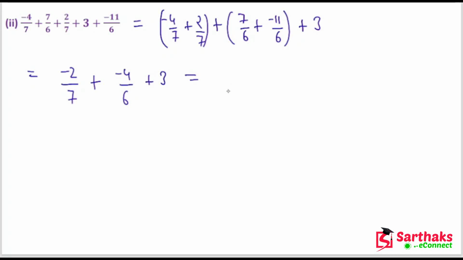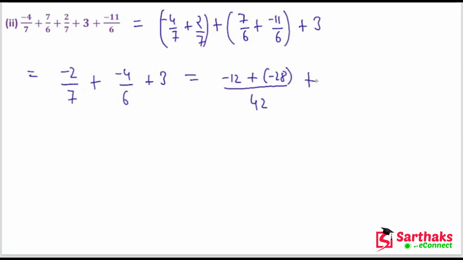So LCM of 7 and 6 is 42. Okay, so we are going to get 42, and we will have 7 into 6, so minus 2 into 6, minus 12. Similarly 6 into 7, so minus 4 into 7, minus 28.